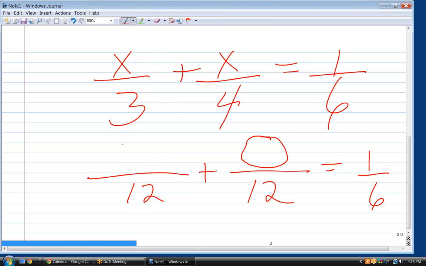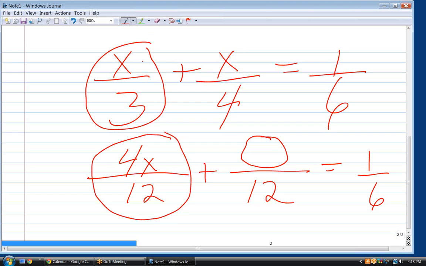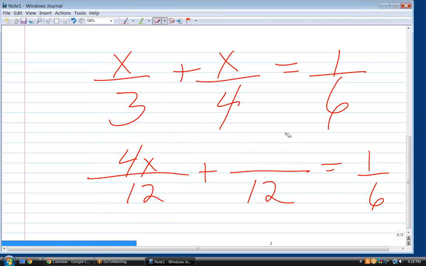What's 4 times x? 4x. And the key thing is that that be the same thing as that. See how all it is is multiplying top and bottom by 4. Yeah. And that's what you look for: when you are finished, this fraction needs to be the same thing as that fraction.